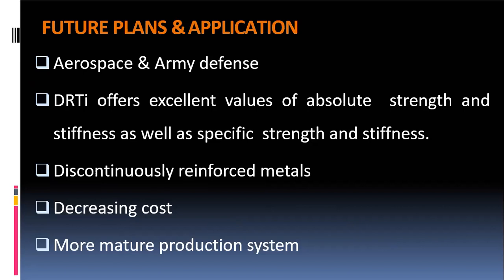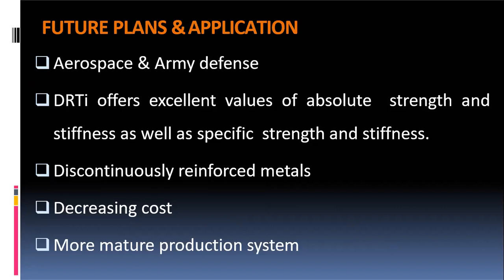In the future, we are going to make materials with metal matrix composites also. Next one, DRTI offers excellent values of absolute strength and stiffness, as well as specific strength and stiffness.